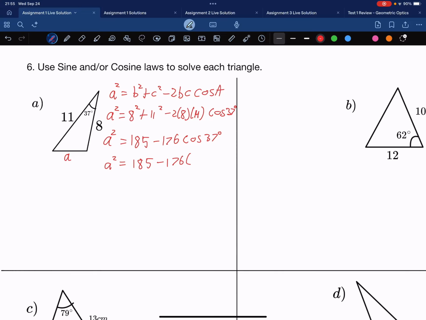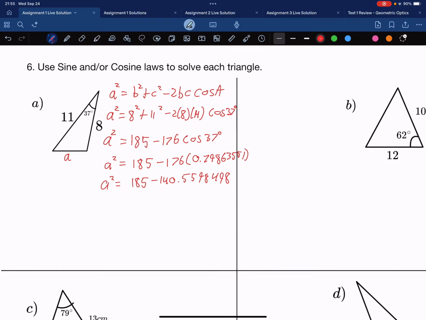And the cosine of 37 degrees is 0.798635551. I ran over my corner a little bit there. That's okay. The reason I'm not rounding this just yet is because this is not my final answer, so I want to save as much precision as I can. This gets multiplied by 176. So I end up with A squared equals 185 minus 140.5598498.